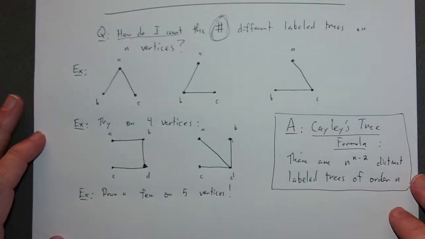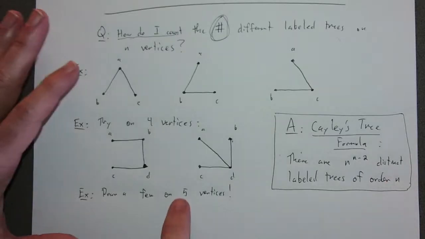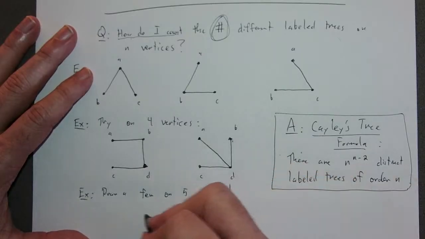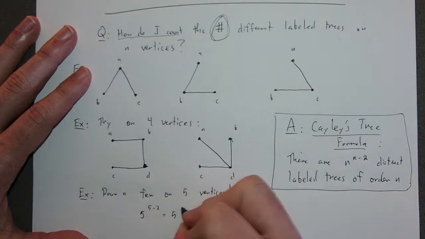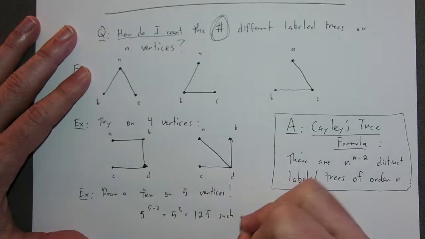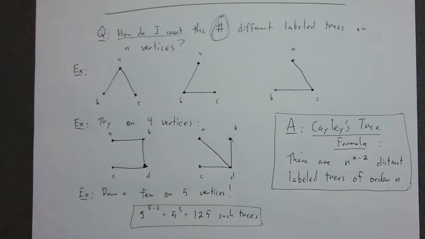So, if I look at this and I believe that this result is true, on 5 vertices, how many distinct labeled trees of order 5 are there going to be? So 5 to the 5 minus 2, so this is 5 cubed, or 125 such trees. So that's why I said you might want to look and see whether or not you feel like brute forcing 125 cases here and making sure that you've counted them all nicely.